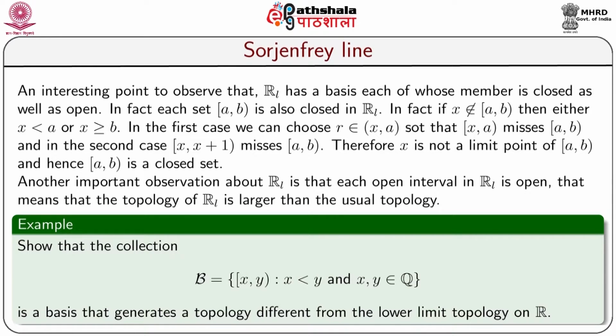Let us mention another important observation. We have seen that all open intervals with rational endpoints give the usual topology on R. That means the topology is generated by the open intervals.